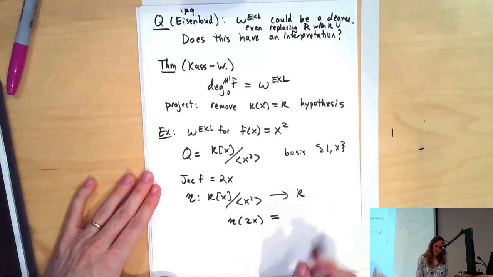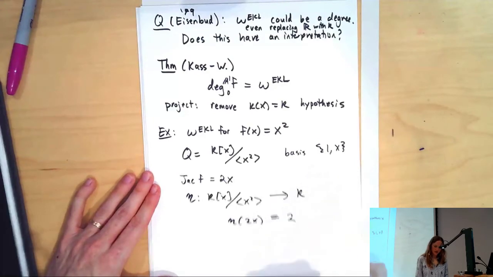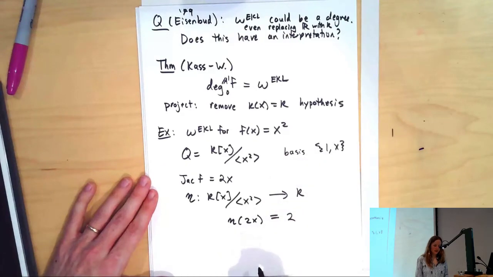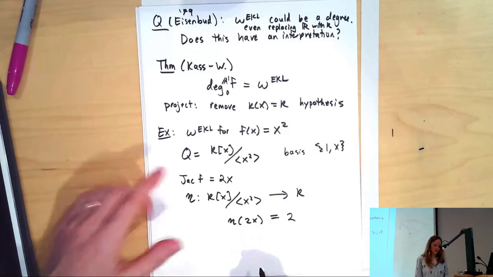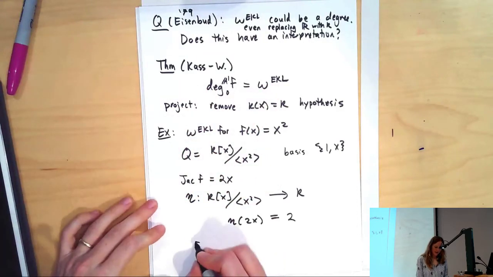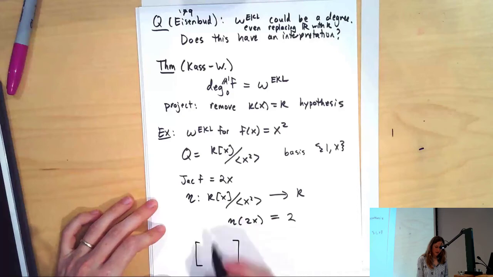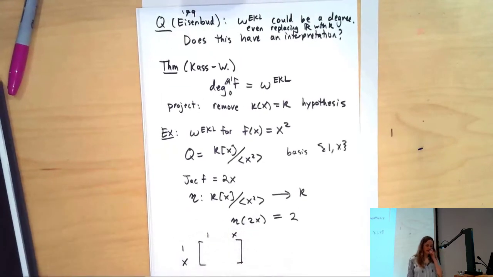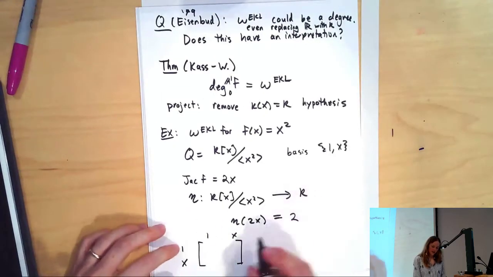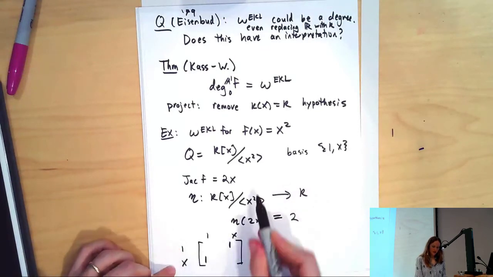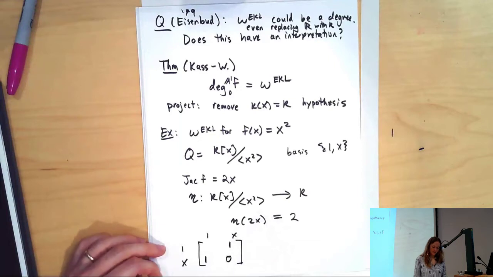So this has to go to 2. And then we could send 1 to whatever we want. And the claim is that that's not going to affect the isomorphism class of the form because, for instance, this is well defined. Let's see that. So we could make a Gram matrix of our form, putting the values of the form on 1, x into a matrix. And on x, we know we need to send x to 1. And x squared is 0 in the ring, so we send that to 0.